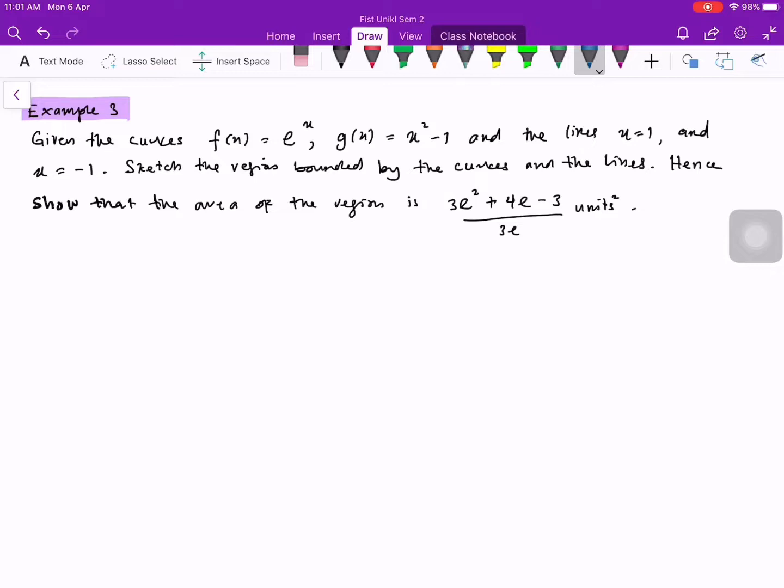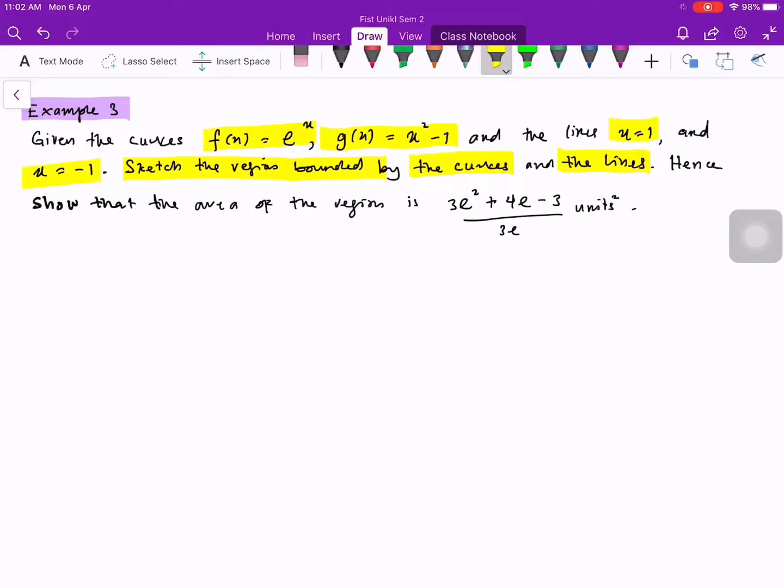First of all, of course, we're going to sketch the graph, because the question asks us to sketch the region bounded between these two curves, e to the power of x and x squared minus 1, and the lines x equals 1 and x equals minus 1.